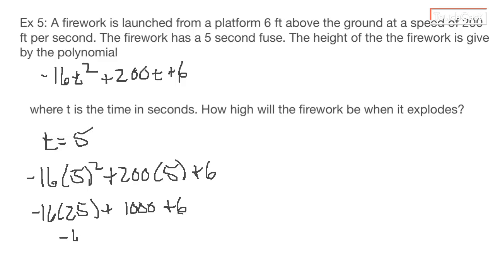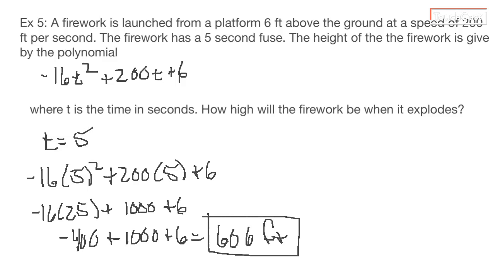Otherwise you're going to get -400 plus 1,000 plus 6, which in the end is going to equal 606 feet. So the firework will be 606 feet above the ground. And that wraps our lesson up.